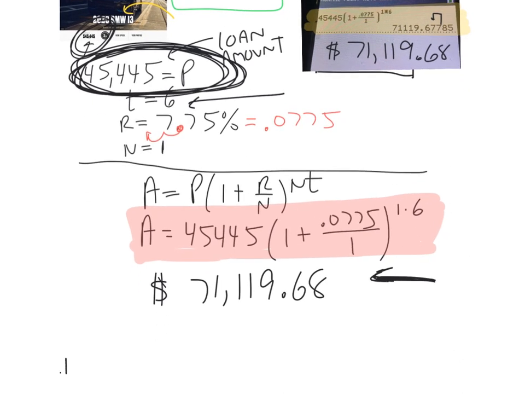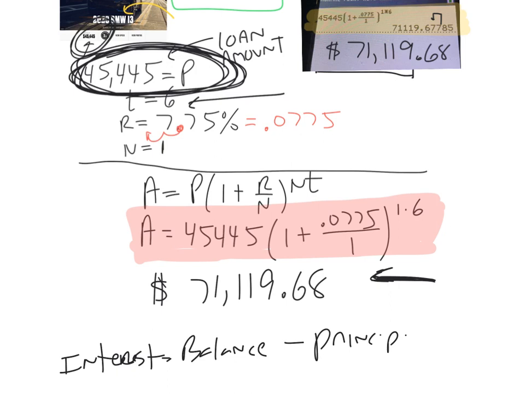So the way we're going to calculate the interest is basically what we did for the bank account problems. We're going to take the balance, which is this $71,119.68, and we're going to subtract the principal, which was the loan amount. So we're going to do $71,119.68 minus the $45,445 that we actually borrowed for the price of the car.